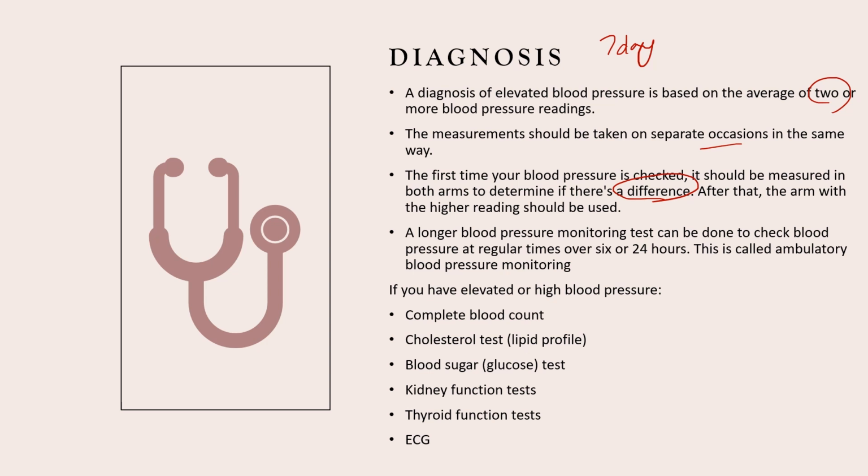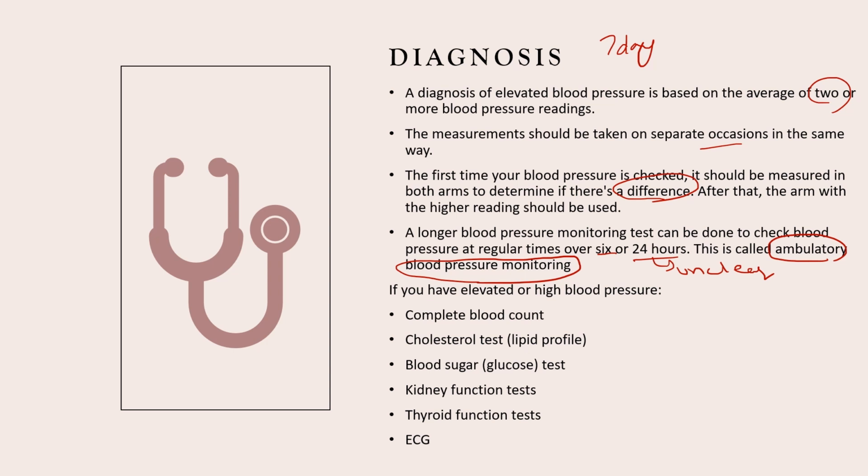A longer blood pressure monitoring test can be done to check the blood pressure at regular times over 6 or 24 hours. This is done when the diagnosis is unclear. This is called ambulatory blood pressure monitoring. We discussed this when we were talking about white coat hypertension.